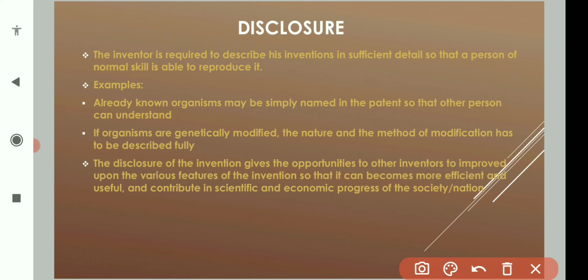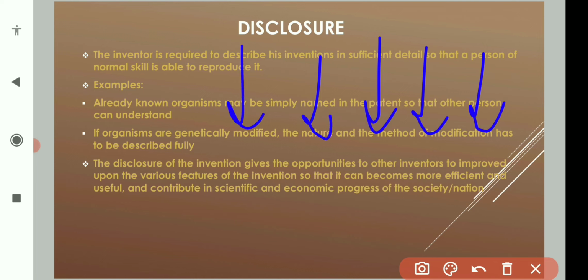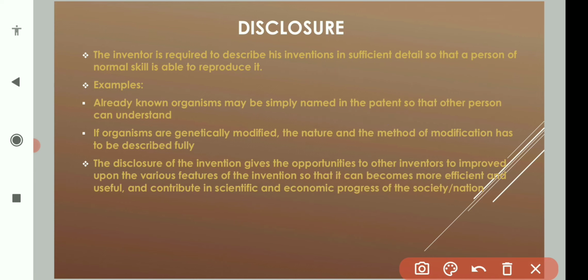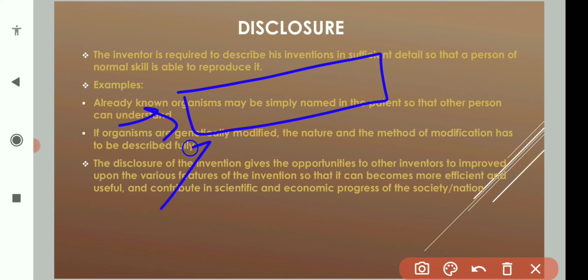So basically, by disclosure, you are disclosing your patent information, your invention information, so that it will be read by other scientists also, and they can do improvements.